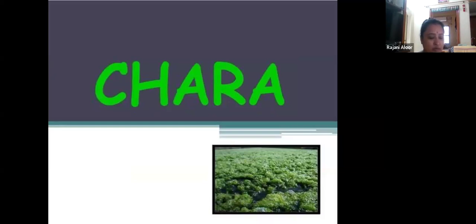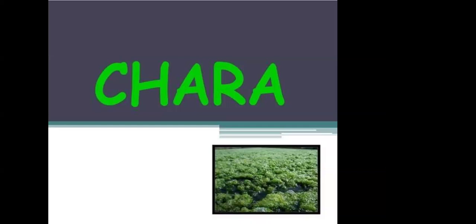Today we will discuss the last type study of the Chlorophyceae, the CHARA. In the Chlorophyceae class, you have already studied two type studies. One is Volvox. The second one is Oedogonium. Anyone to tell what is the Volvox thallus? Coenobium, ma'am.